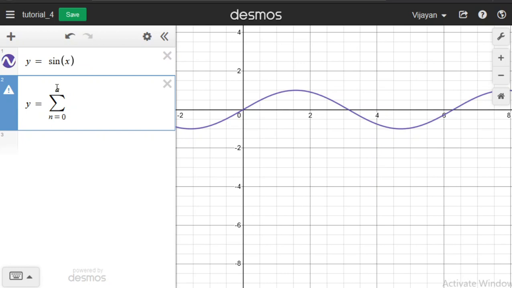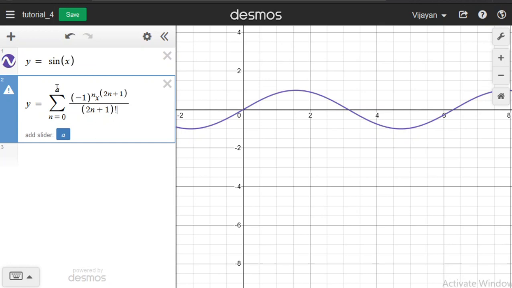So by the Taylor series expansion I know that sine x can be written as summation from n equal to 0 to a, of minus 1 raised to the power n, x raised to the power 2n plus 1, and in the denominator it has to be written 2n plus 1 factorial.